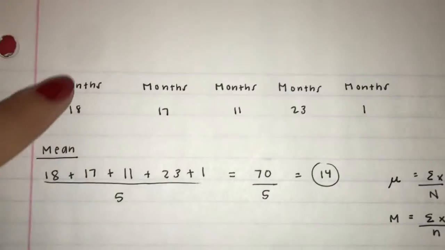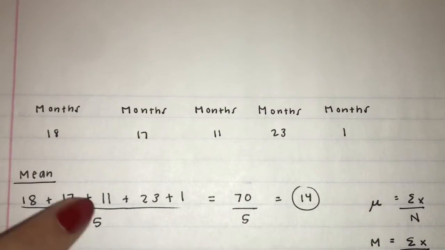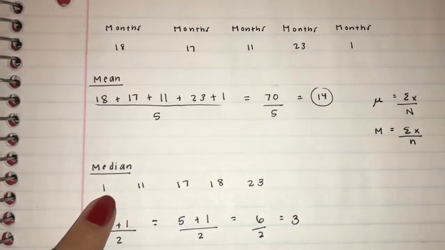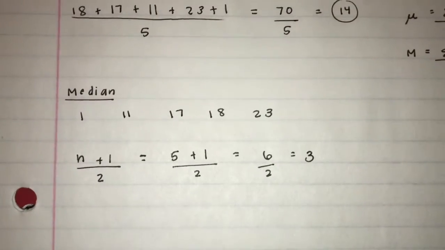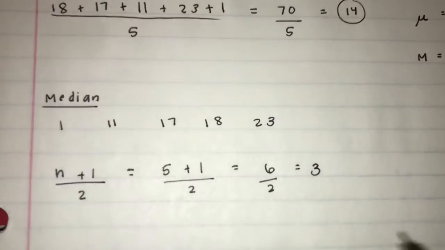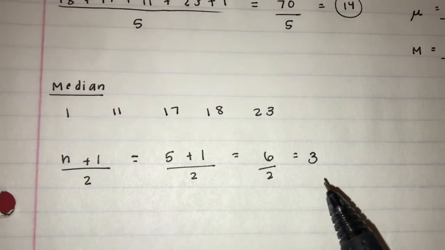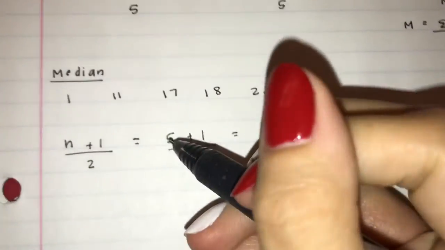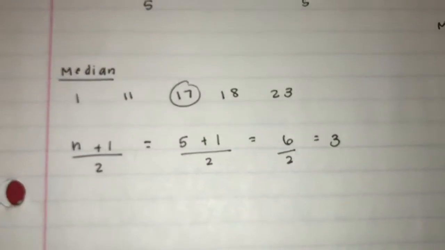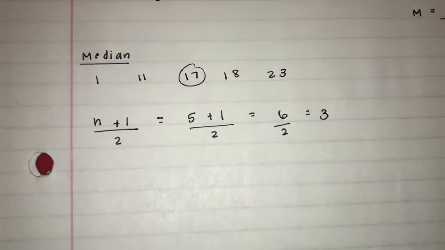So this is how the data was given to us, starting with 18, 17, 11, 23, and 1, but I reordered it so it would go in order 1, 11, 17, 18, and 23. So after calculating our median position, now we just count. So 1, 2, 3. This means that 17 is going to be our middle value.